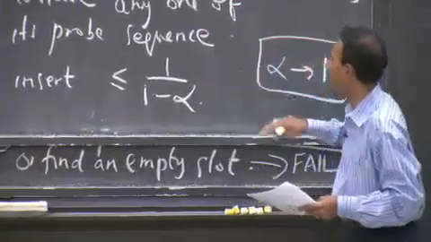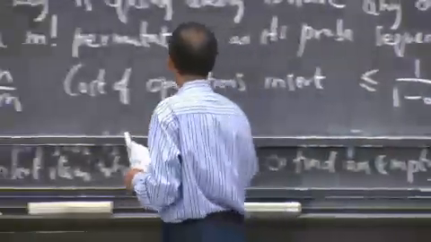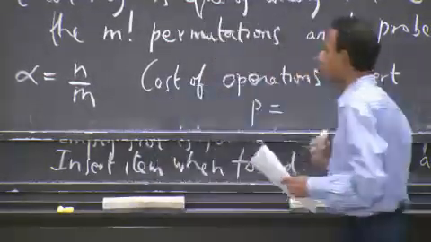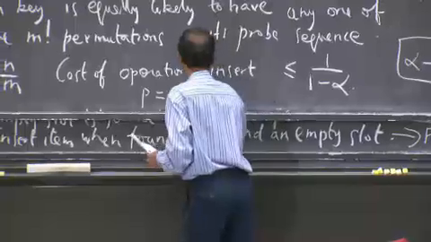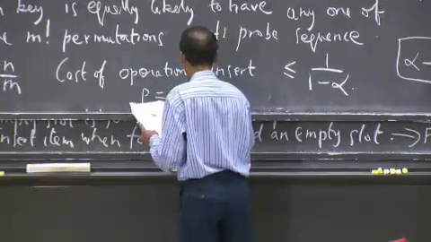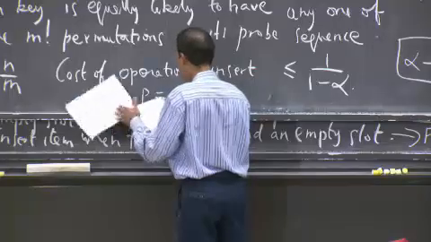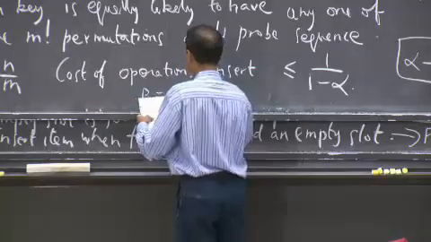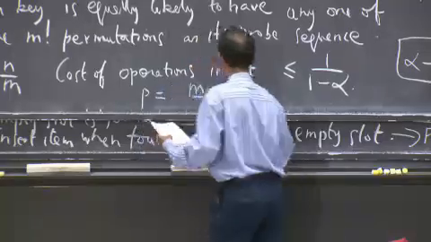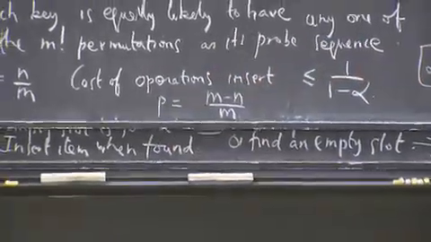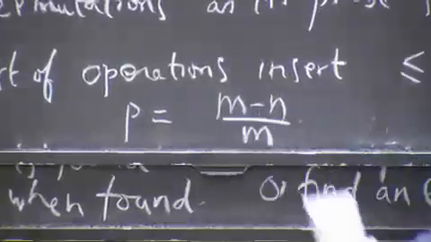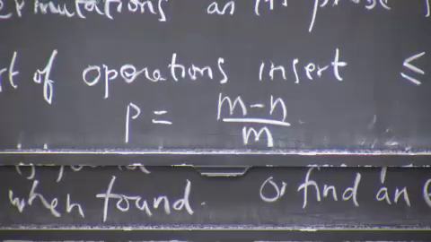Basically, the intuition behind the proof is that we're going to assume some probability p, and initially you're going to say something like, your p, I'll just write this out here, is m minus n divided by m. Okay? So what is that? Right now I have n elements in the table, and I have m slots. Okay?